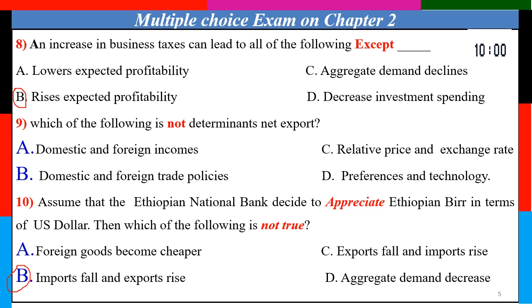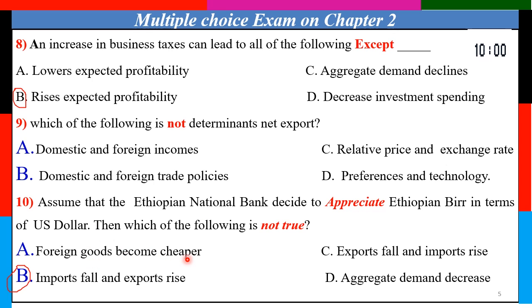Correct answer is B. When the Ethiopian birr is appreciated, that means the ability of the Ethiopian birr is increasing in terms of the dollar. So the Ethiopian birr's ability to buy something is increasing, which means foreign goods become cheaper.